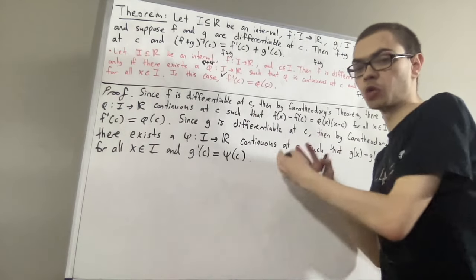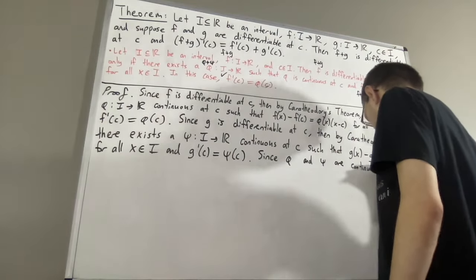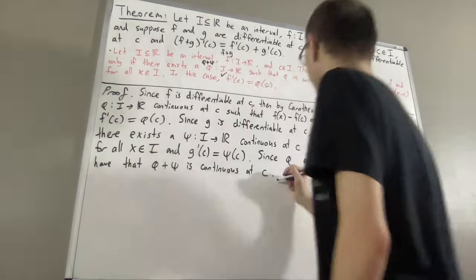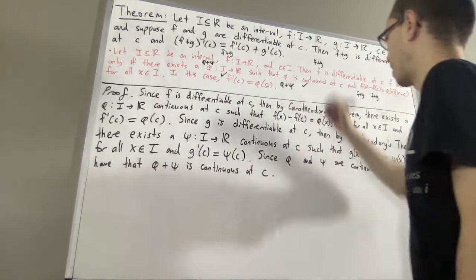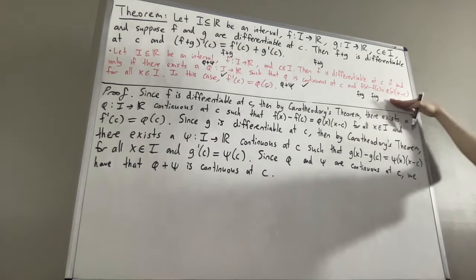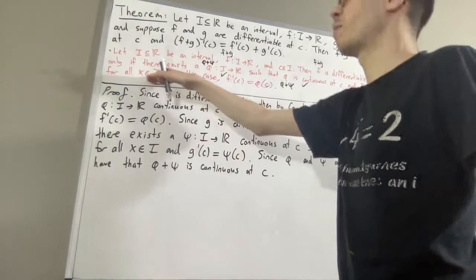That's just the addition rule for continuity. So for phi plus psi, the continuity condition is satisfied. But now we want to verify that this equality is true for all x in I. So to do that, let's give ourselves an arbitrary x in I.